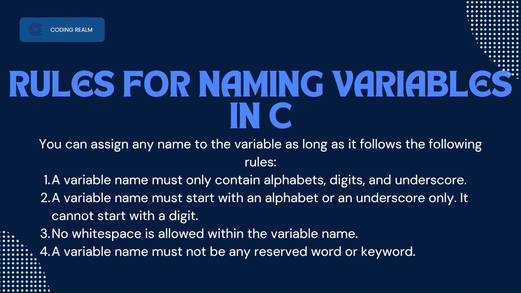It cannot start with a digit. 3. No white space is allowed within the variable name. And 4. A variable name must not be any reserved word or keyword. We need to use these rules when we solve problems and exercises in the next video, to see how to initialize and define a variable when I write code.